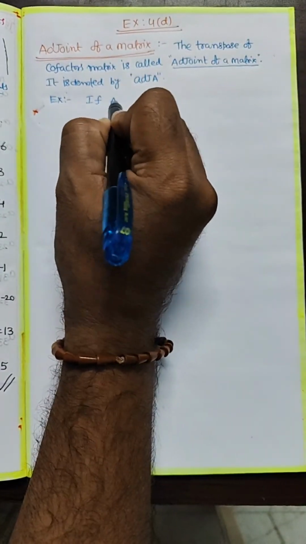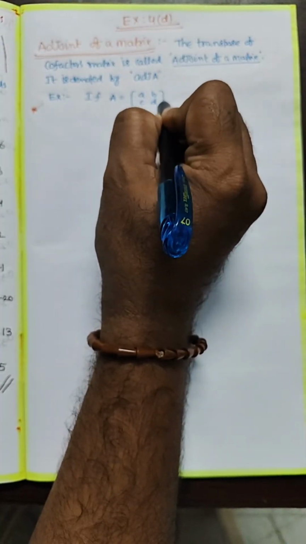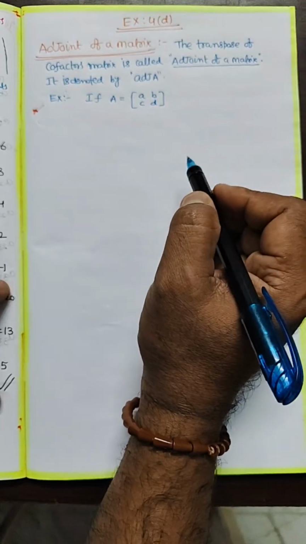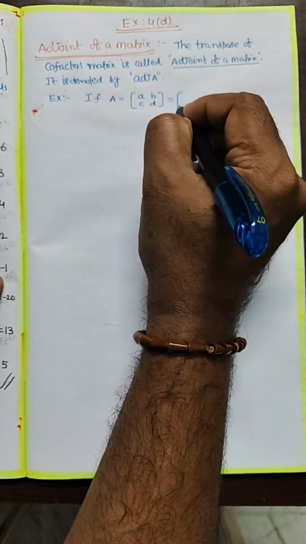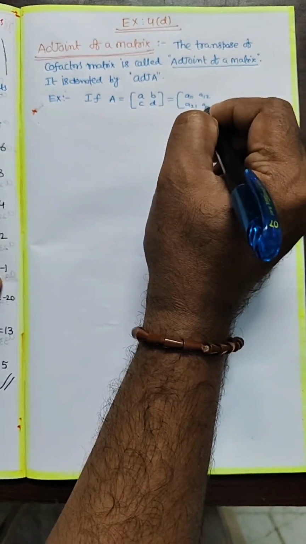For example, if capital A equals a, b, c, d, how do we calculate the adjoint of this matrix? For that, we need to calculate cofactors for every element of this matrix.